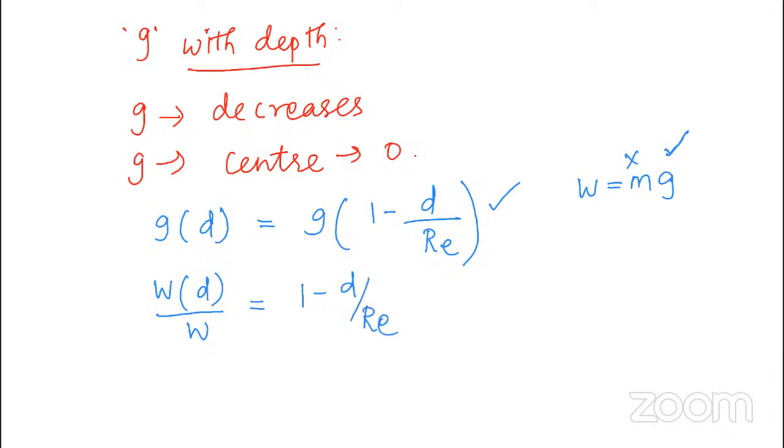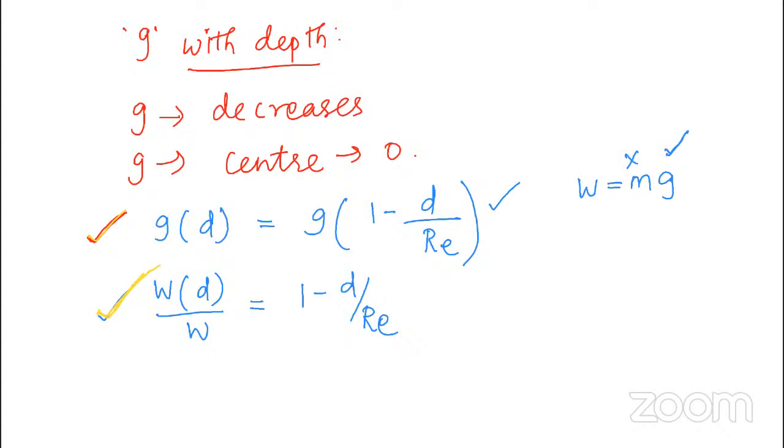So for weight, we use this formula, and to calculate acceleration due to gravity directly, we use this formula: g(d) is equal to this one. For weight, we use this one. So these formulas are very, very important.